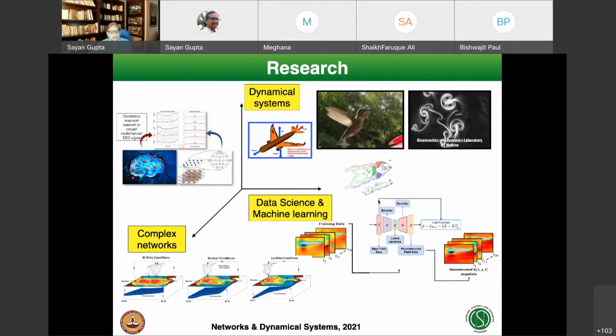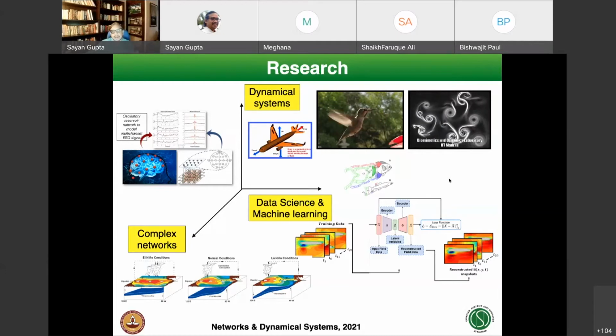So how can we utilize this data in building models and solving very complicated problems, which earlier were difficult to solve? So these are the three main axes on which our research builds upon.